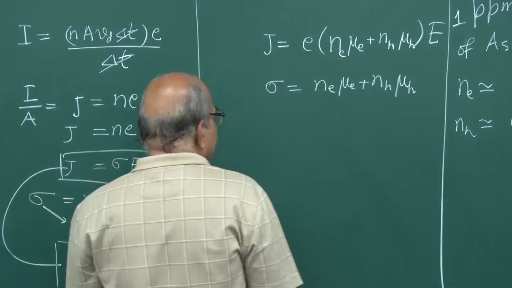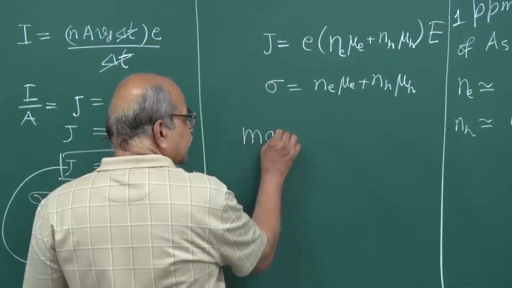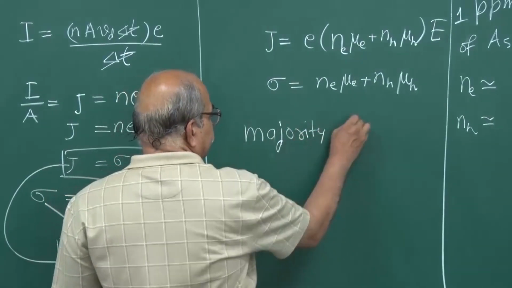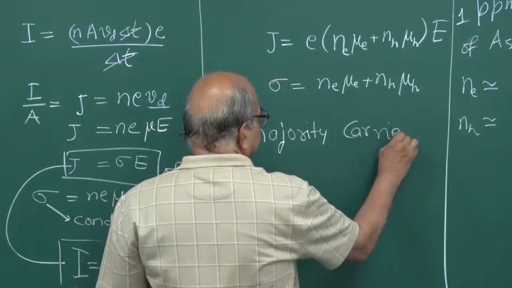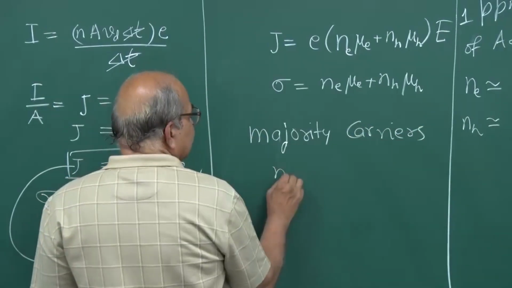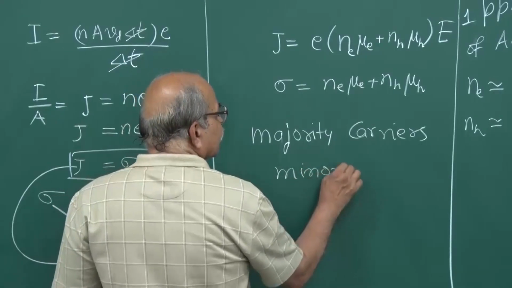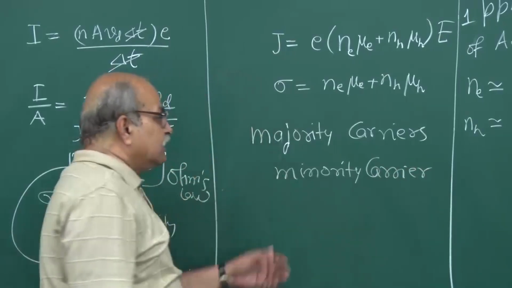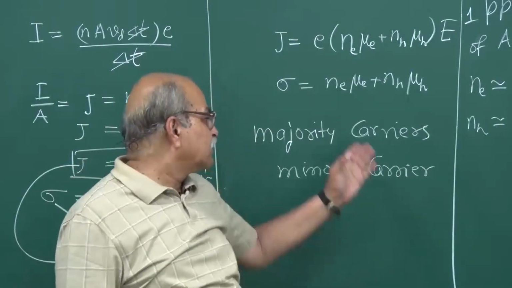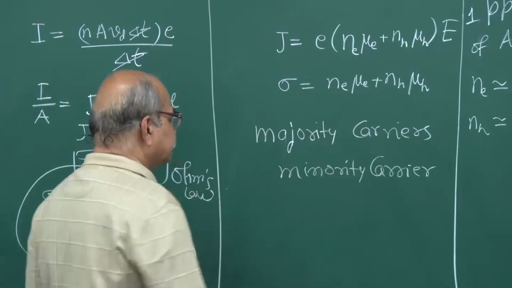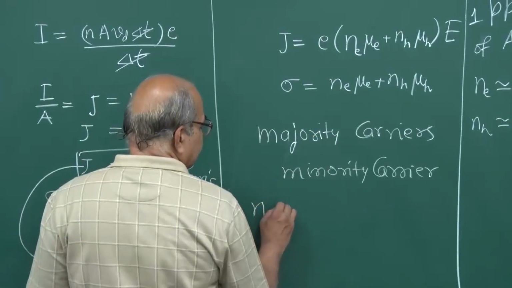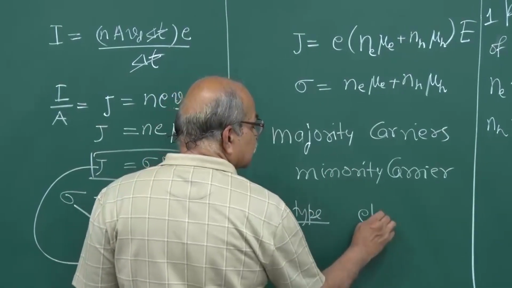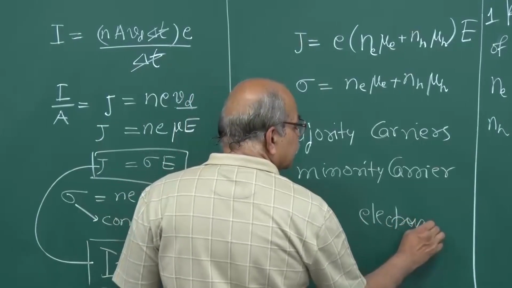So we talk in terms of majority carriers and minority carriers. In an N-type semiconductor, electrons are majority carriers.